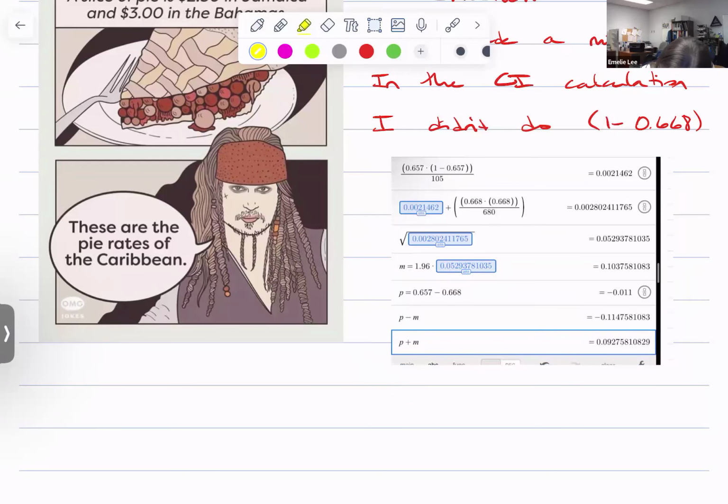This should be 1 minus 0.668, which will change things all the way throughout, but we'll just leave it at that. You can try it, and I think I brushed it off as a rounding error in the slides, but presumably we would get closer to those values if I had done it correctly. Not a big deal. That's something that I would take half a mark off for on the test.